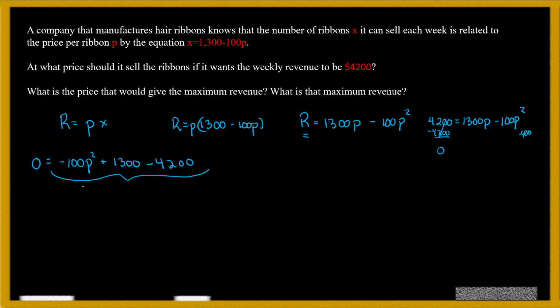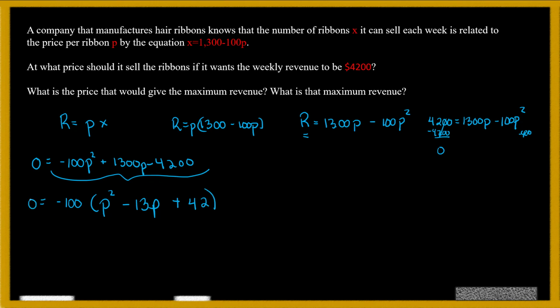Let's see if we can factor this. Let's get the greatest common factor out. We'll take out negative 100, because you want your P squared term to be positive. Dividing 1300P by negative 100 gives us minus 13P, and 4200 divided by negative 100 turns to positive 42.